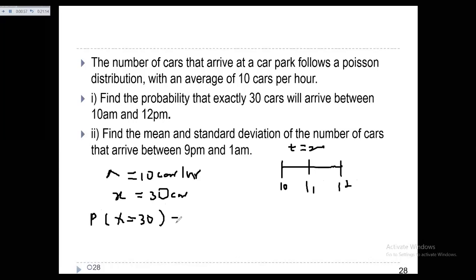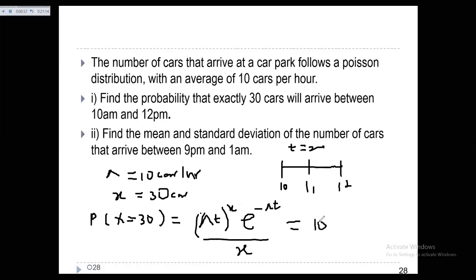So per our distribution, that will give us lambda T raised to the power X, e raised to the power negative lambda T, over X factorial, and lambda T will be 10 times 2.